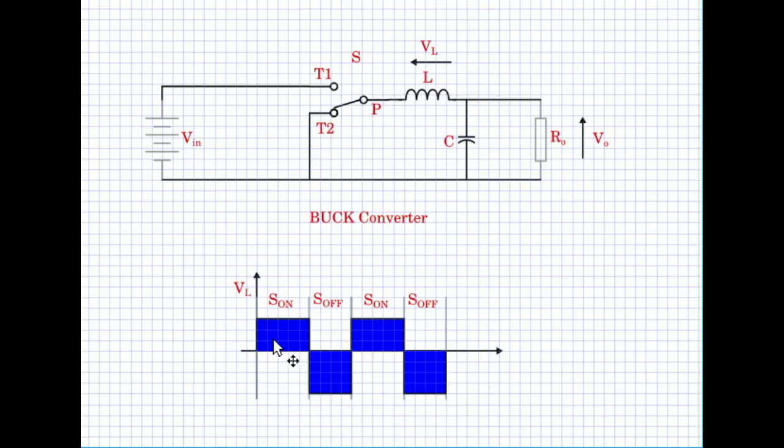So you see the blue part on the positive side and the blue part on the negative side should match, which means the average voltage across the inductor should always be 0 in the steady state conditions. This will prevent the inductor from going into saturation. There will not be a magnetic flux build up and make the inductor saturate.